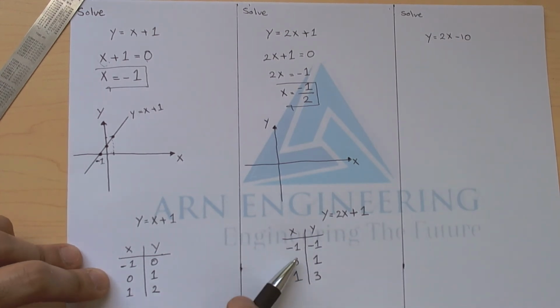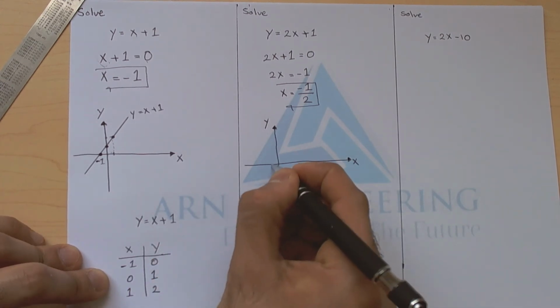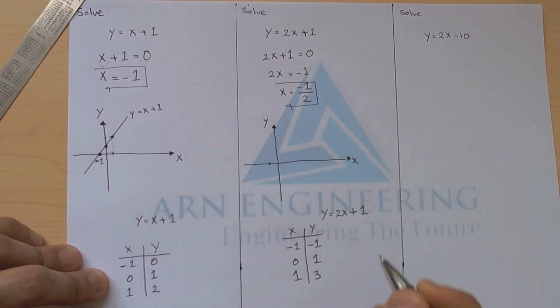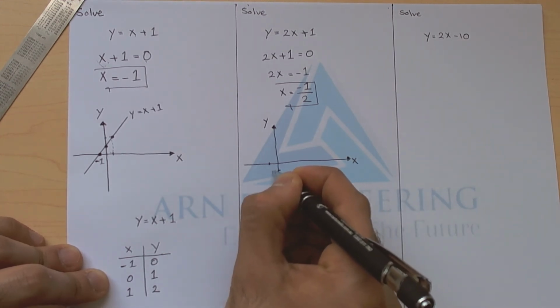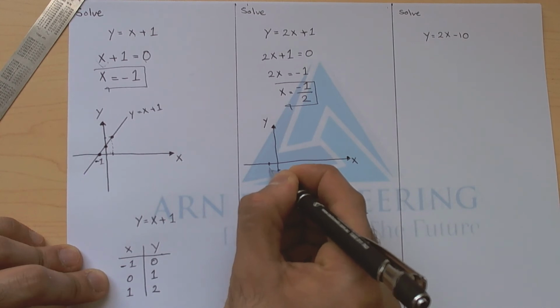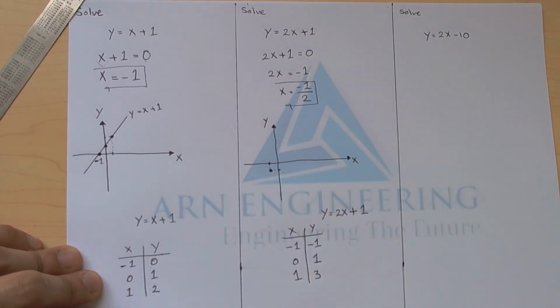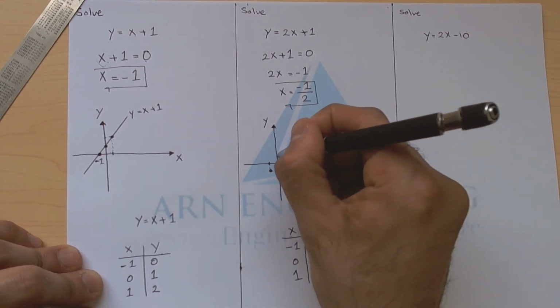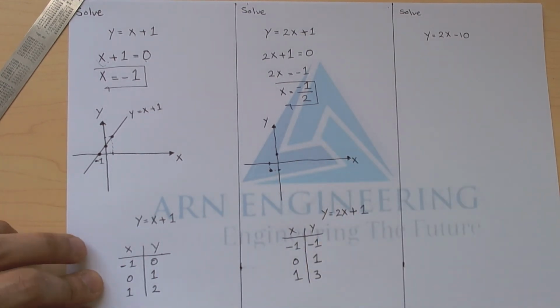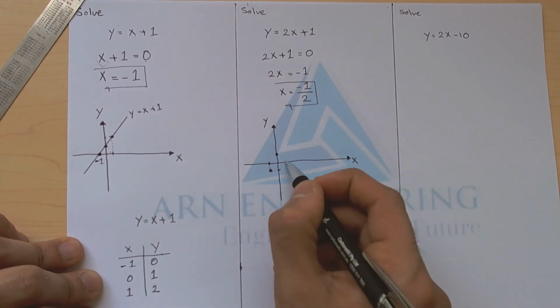So let's graph this. -1 and -1, right? So that's our first point. When x is 0, y is 1. So that's our second point. And when x is 1, y is 3.